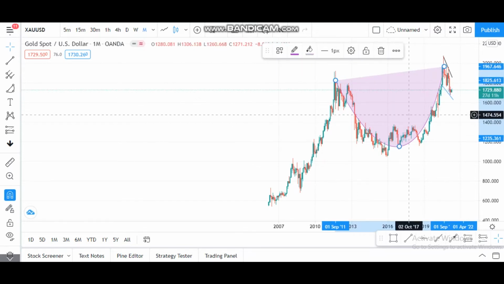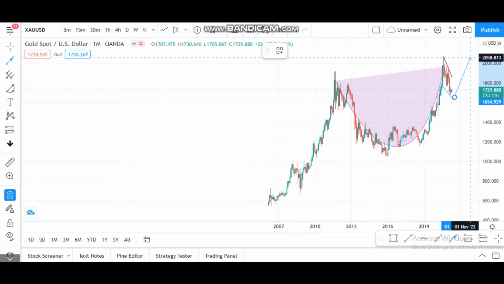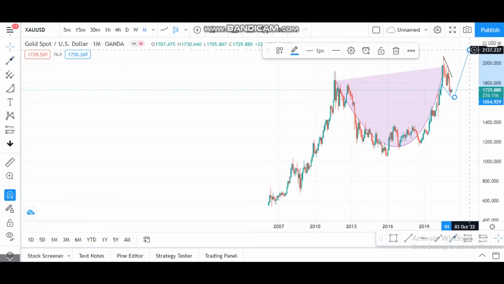The high probability for such trades is to break out in the overall direction. We can call this an inverse cup. I don't know if I'm correct, but this is an inverse cup, and the high probability for inverse cups is to break out to the upside.